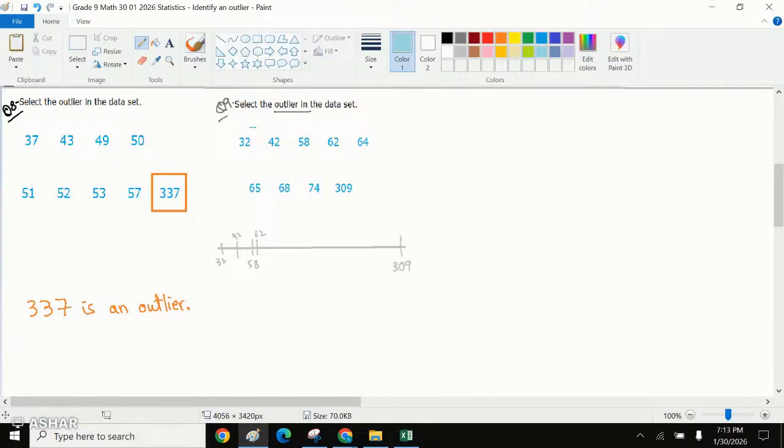That means 309 does not lie within the range of given values, and it is an extreme value. Okay, so we can say that 309 is an outlier. Agreed? 309 would be an outlier for this given question.